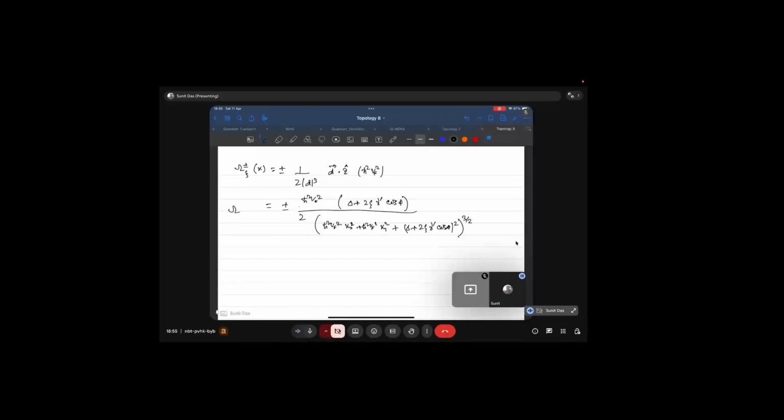So this is my omega plus minus as a function of k. Let me explicitly write. So this plus minus corresponds to conduction and valence band.